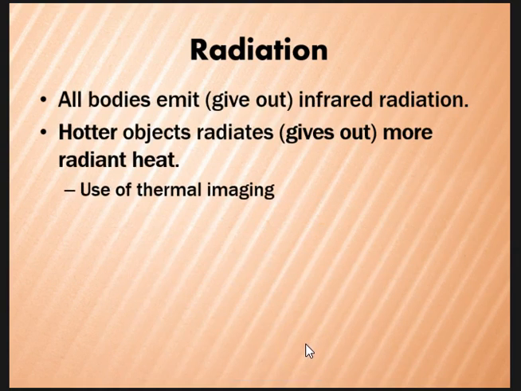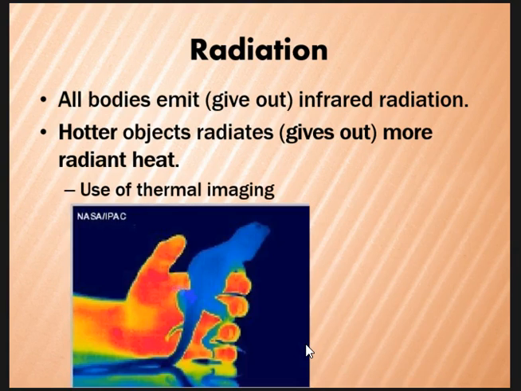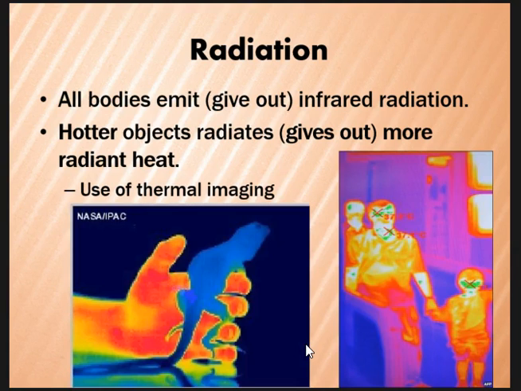Now, all objects or bodies emit or give out infrared radiation. It's just that a hotter body emits more radiant heat compared to those which are cooler. The diagrams below show the thermal image of some objects emitting radiant heat. Note the difference in color between the hand and the lizard in the diagram on the left.